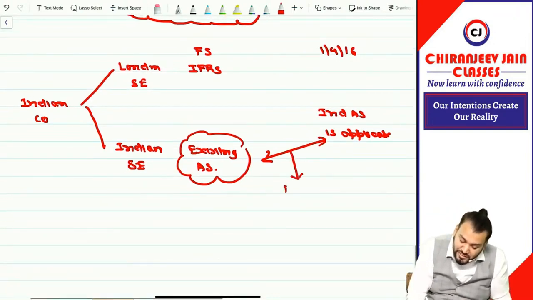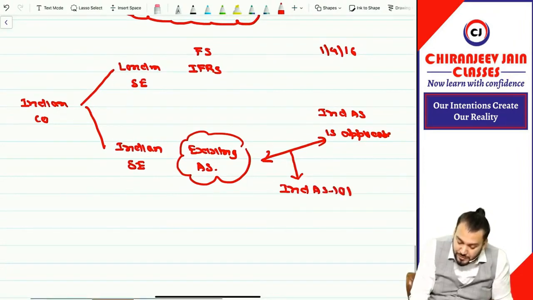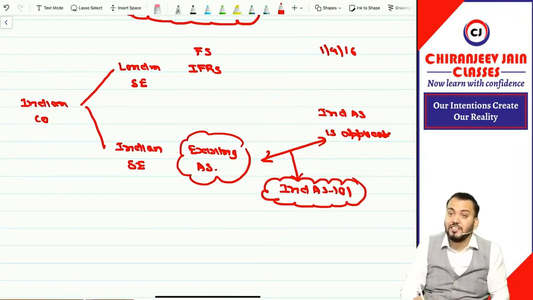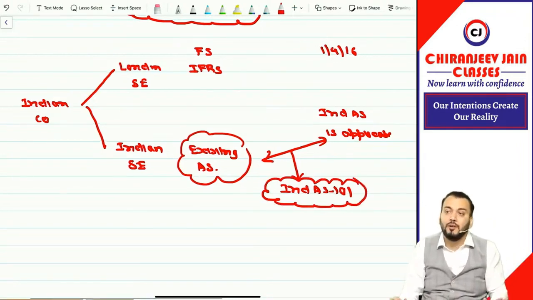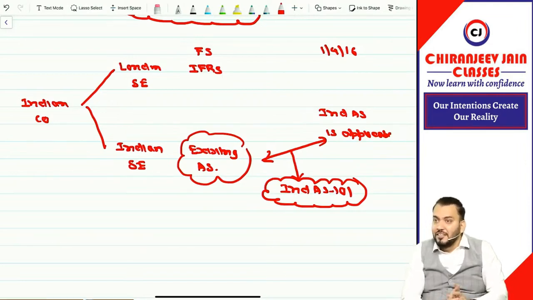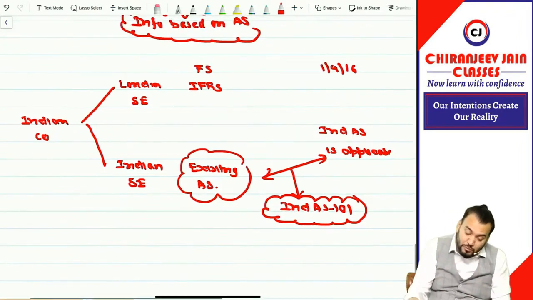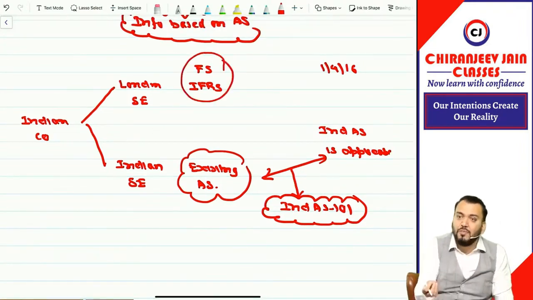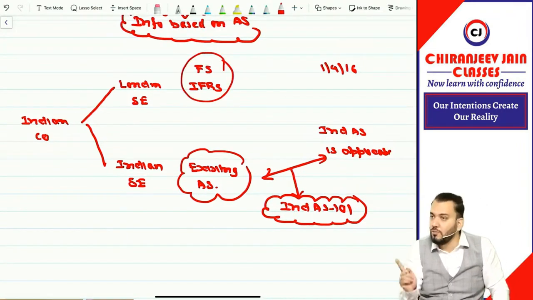Now how to change? This is discussed under Ind AS 101, first time adoption of Ind AS, coming soon. If I say no sir, we will change only that 5% difference, no, you can't do that.